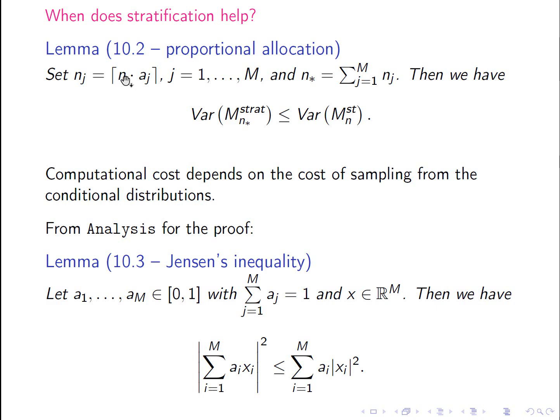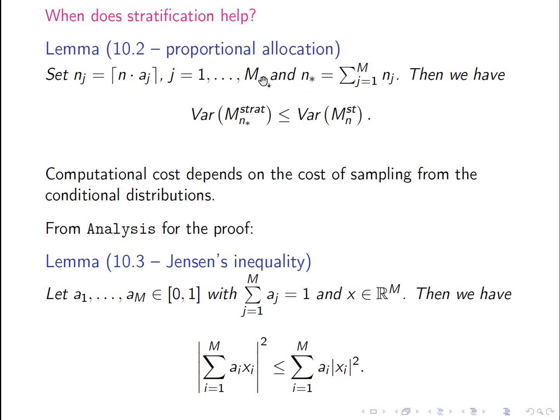And here we just take for each stratum n times alpha_j numbers of repetitions, and because this n times alpha_j does not need to be a natural number, we round up to the next integers. So proportional means choose the numbers of repetitions proportional to the probabilities alpha_j. If we pick the n_j's in this way and sum them up, we get n star. N star may be larger than n, but n star and n can differ at most by capital M.